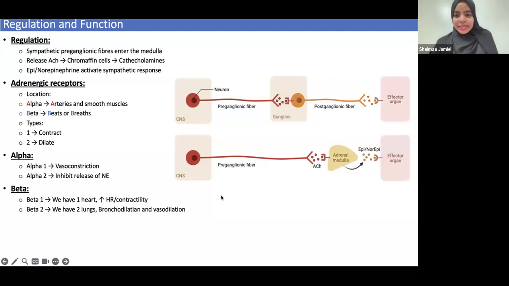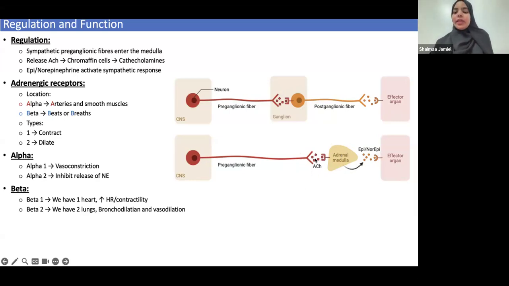So basically, this is a quick thing, because I love this. The sympathetic preganglionic fibers are going to go to the medulla, release their acetylcholine, which is going to cause the secretion. Basically, this is in the normal neurons, but in the adrenal glands, the acetylcholine is going to cause the release of epinephrine and norepinephrine.